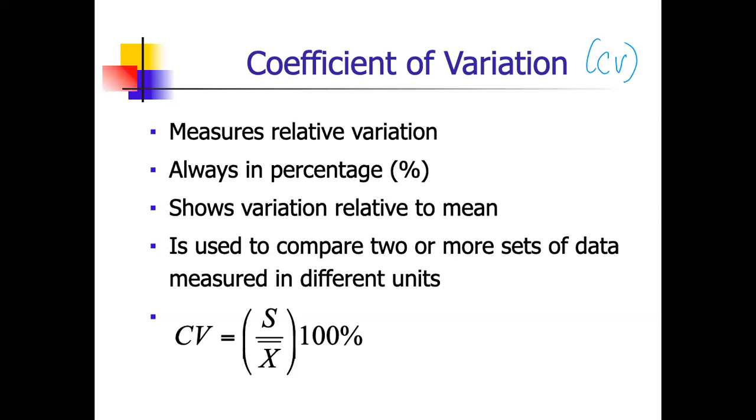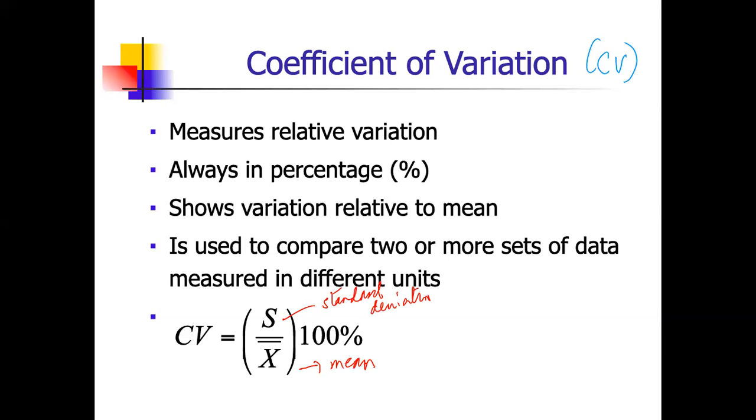It is used to compare two or more data sets that are measured in different units. Our CV is computed as our standard deviation divided by our mean, and we multiply it by 100% because we need to express it in terms of percentage.